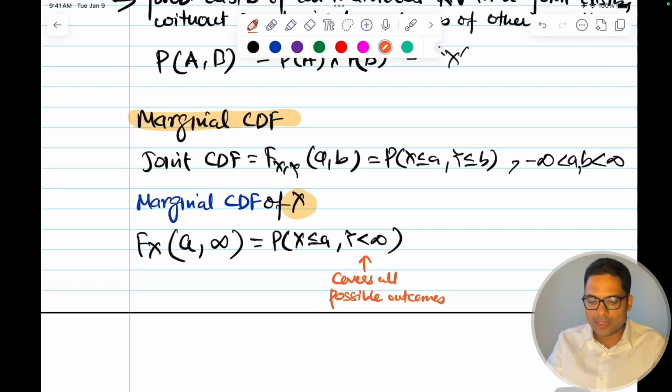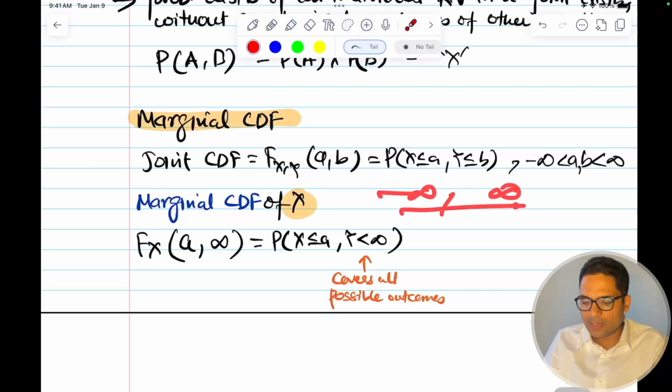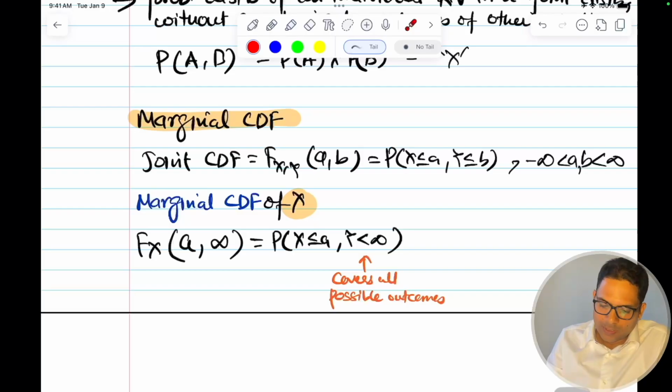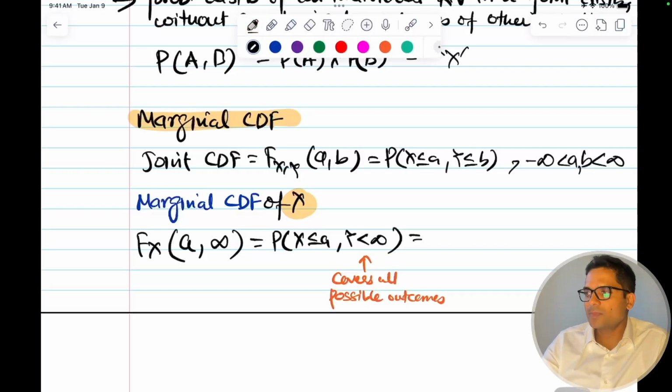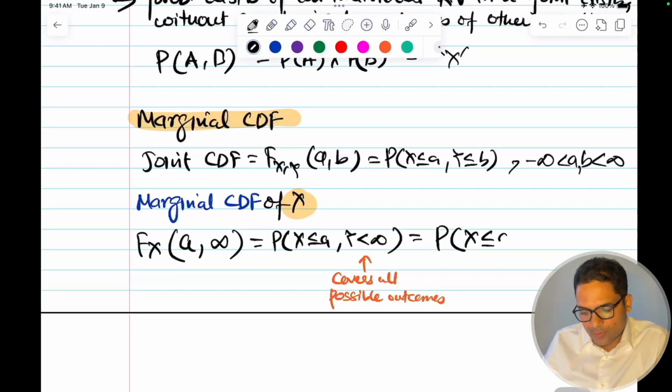Whatever is there of y, it will cover, and it will sum up to 1 because all the values will lie between minus infinity and infinity only, right? Whatever is the value. And this is equal to the probability of x less than or equal to a.